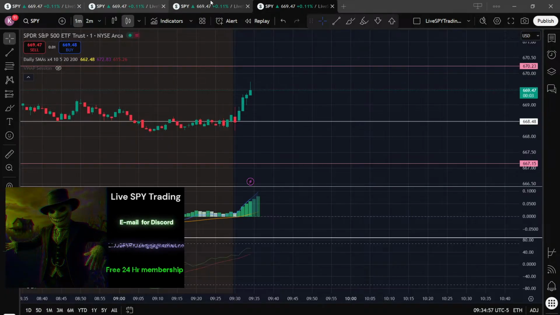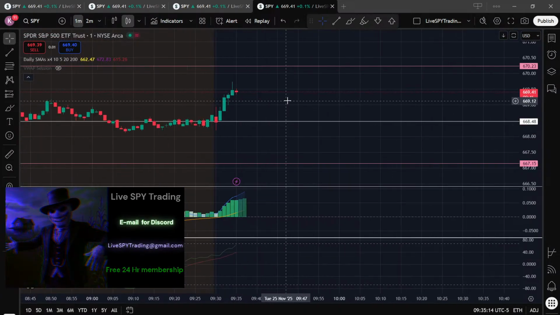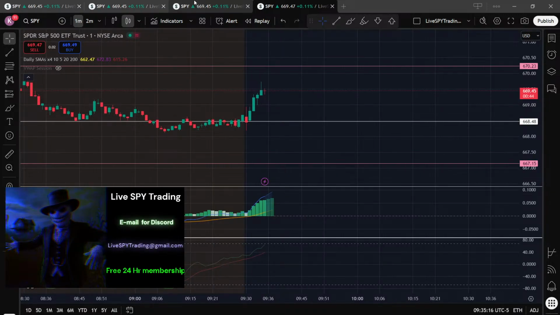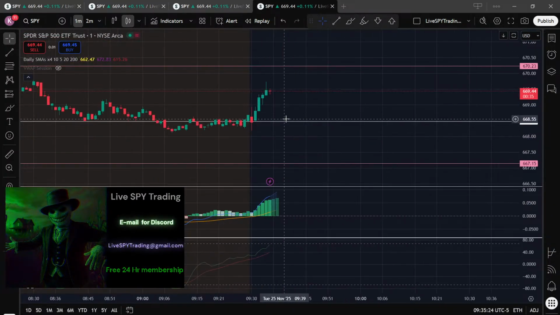At this level on our 30-minute, we want to see how we react here, because this is a retest of this level. So we want to see if we retest and reject off of it on the 30-minute.